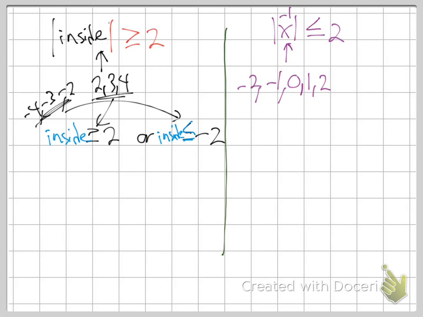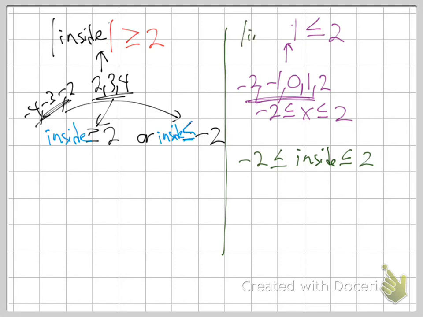Not -3, because the absolute value would be +3, and that's not less than 2. So these are all the numbers between -2 and +2. Make that same statement, but instead of x, say whatever you have inside. It's the same thinking. That has to be between the negative and the positive. So those are the two forms we use, because that's what's true.